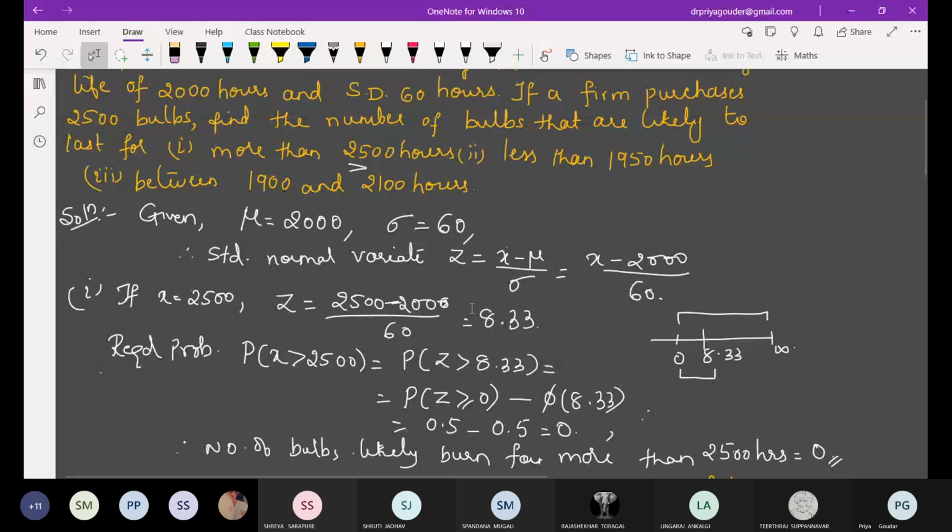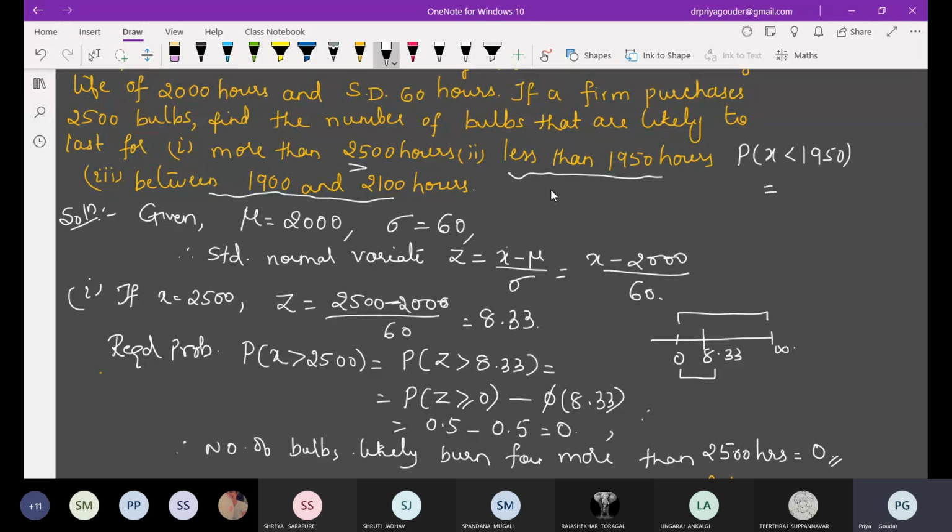What about the next two conditions? Are you able to solve it? Like previous, I'll give these two as homework sums. You know how to do it. So this is probability of x less than 1950.